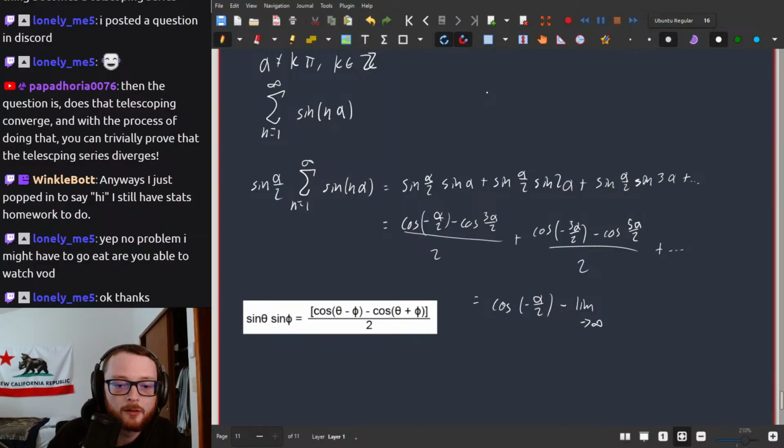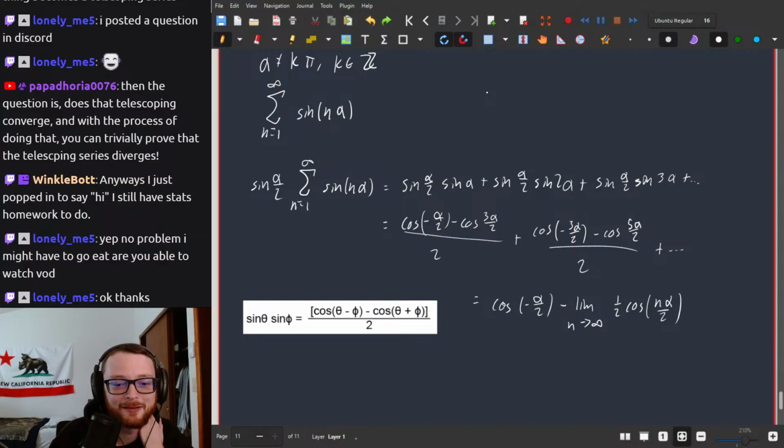Oh. So ironically, we end up getting the same problem with the limit. That is funny. This is a telescoping series that should diverge though.